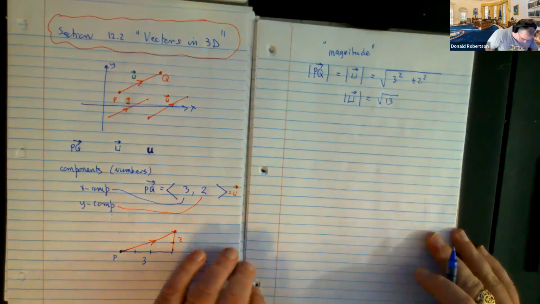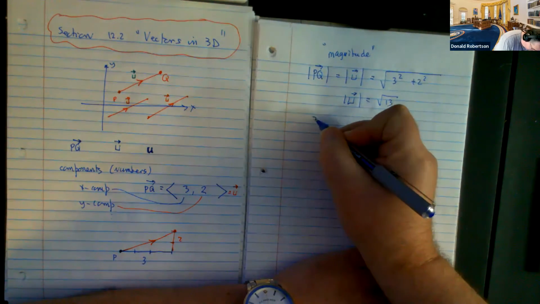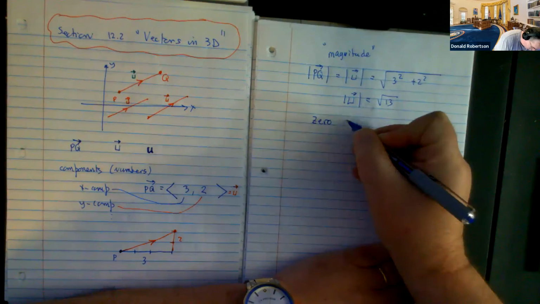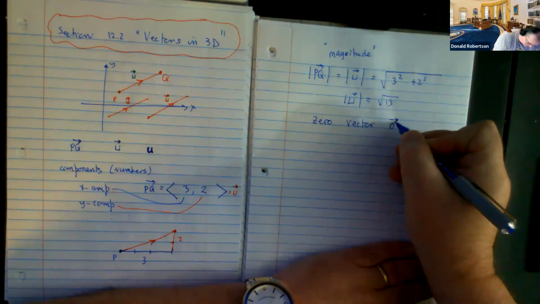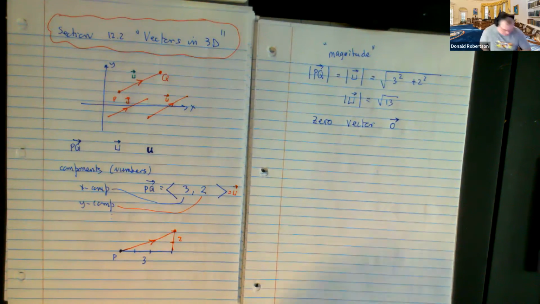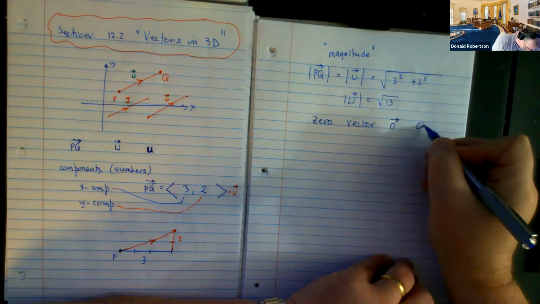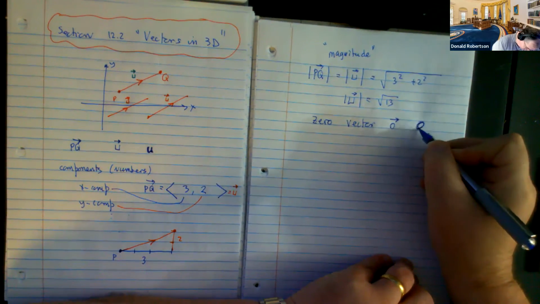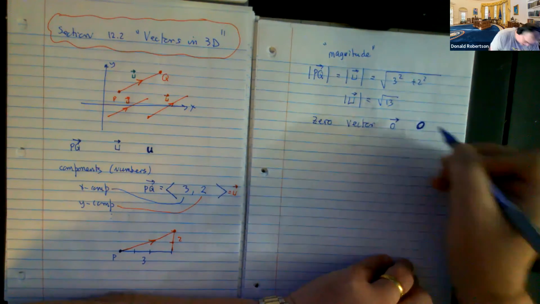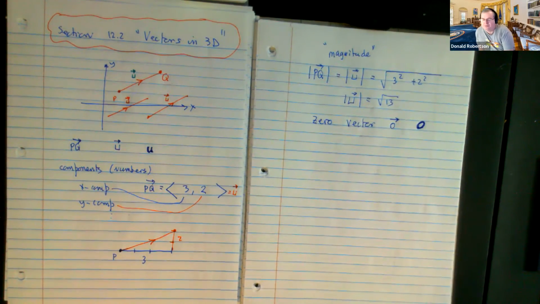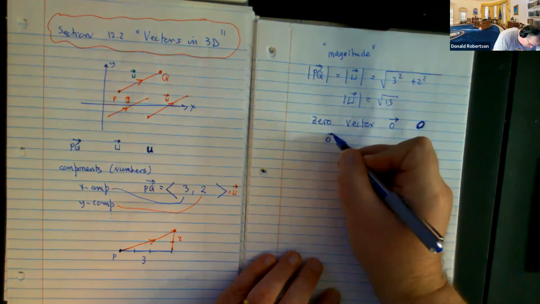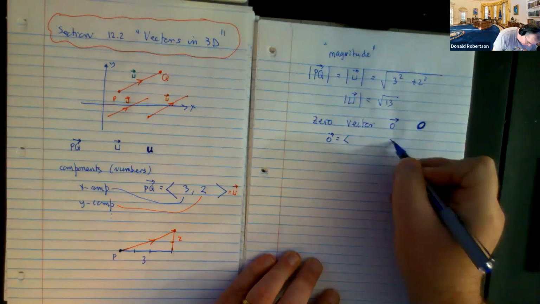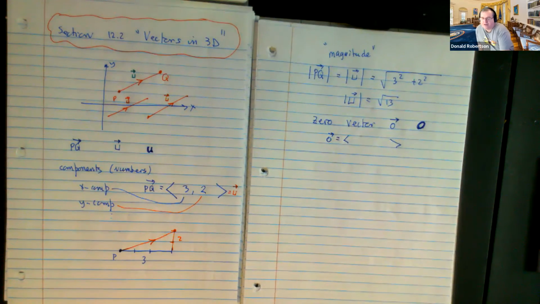Now, there are a couple of very interesting vectors. One of them is called the zero vector, and it's written like that. Or if you were looking at a textbook, it would be a bold 0. What are the components of the zero vector?